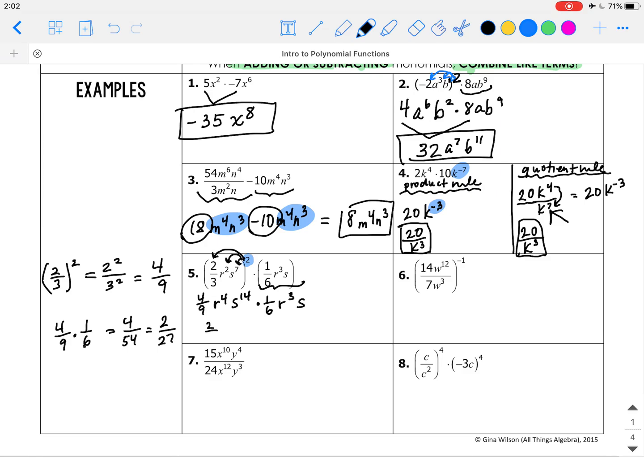So I have 2 over 27. And now we know if we have multiplication, so if we have this little dot here, this is when I'm going to be using the product rule. So that means I have to add my exponents. So 4 plus 3 gives me 7. And 14, we know that there's a 1 secretly here, right? 14 plus 1 gives me 15.